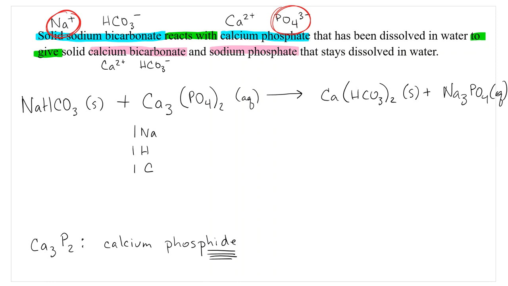How many oxygens do I have? 11 oxygens. We have 3 oxygens in the NaHCO3, and then we have 2 times 4 is 8 oxygens in our calcium phosphate. So 3 plus 8 gives us 11 oxygens.